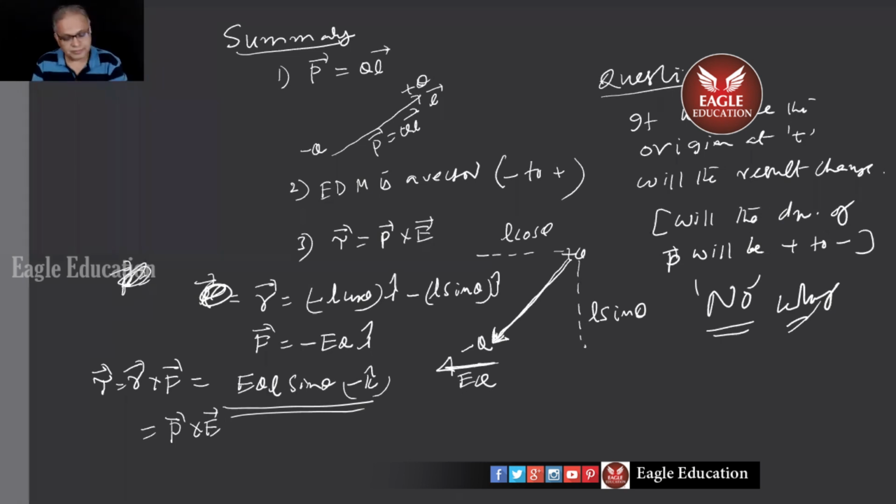This will come only if P is from minus to plus. Do you follow my point? So the dipole moment direction does not change if you change the origin. Try to understand. If it changed like this, that wouldn't be a physical quantity. We wouldn't be defining it.